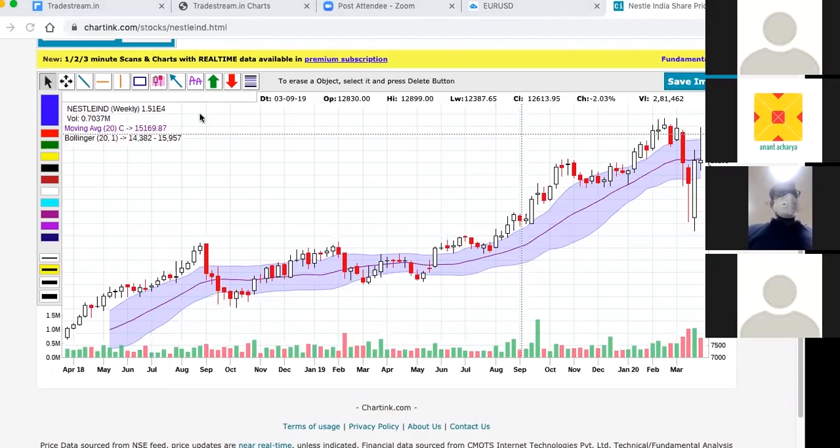You can just buy it on Friday itself. Or if you don't have so much time, it's okay to buy on Monday's open, because it doesn't matter. You're trading on a longer-term time frame. You might buy something 2 or 3% higher, or some stock might gap down a bit and you get it 2-3% lower. It will average out. It won't matter.